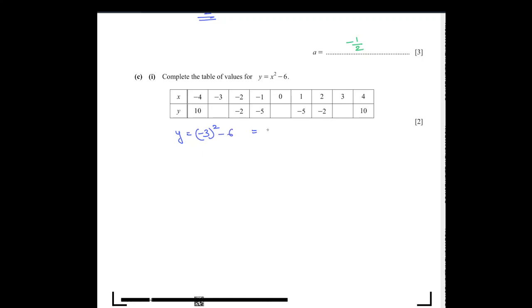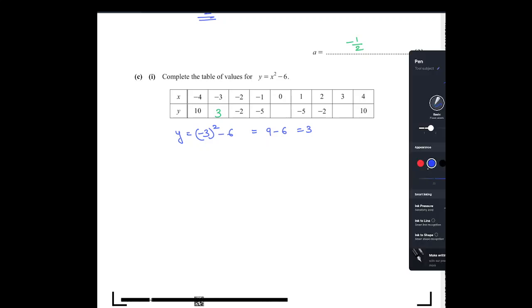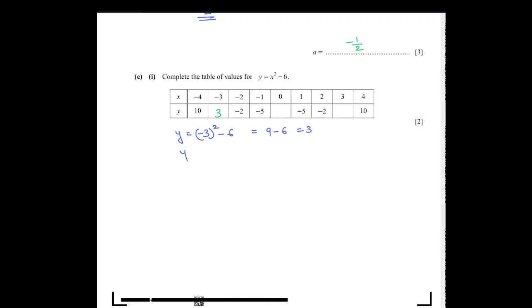Minus 3 in brackets squared becomes 9, 9 - 6 = 3. So this is 3. Then next, 0. 0 squared is 0, 0 - 6 is -6. So the answer is -6.